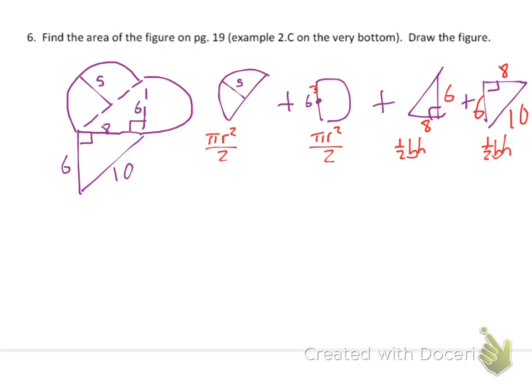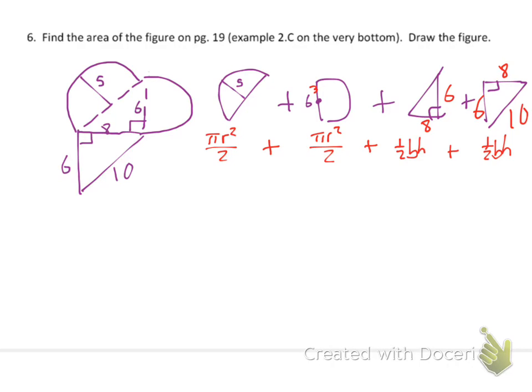Now all I have to do is take those and add them all up. Break it up into smaller pieces. It's more manageable. And you start to see that a lot of things in life are made up of shapes that you guys know. Like stop signs. Right. That's a good example.